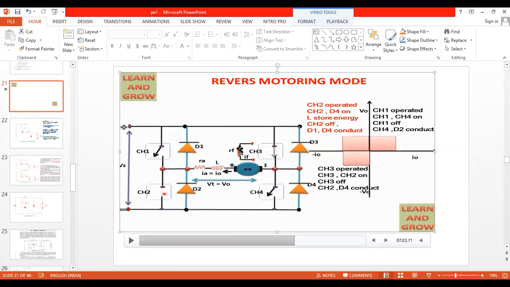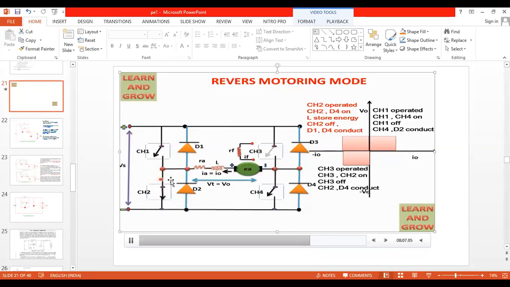So chopper 3 will be off. The animation is still showing the inductor energizing and the motor rotating. Now chopper 3 is off, case 2. When chopper 3 is turned off, the inductor starts to de-energize and releases the stored energy.